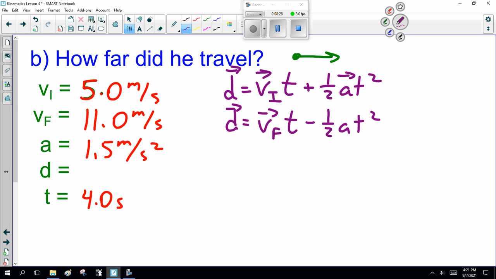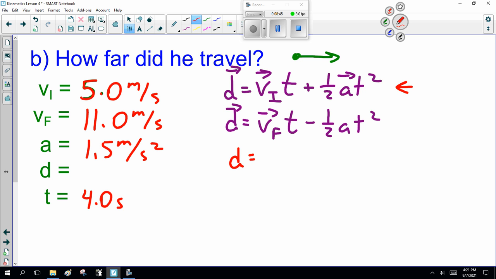Does it matter which one we use? No. I was only taught this first one, the plus one, at university. I was never taught the second one. So you'll find I don't use it very often, and I should use it more. So I am going to use the second one here.